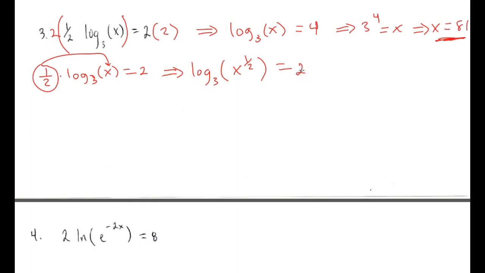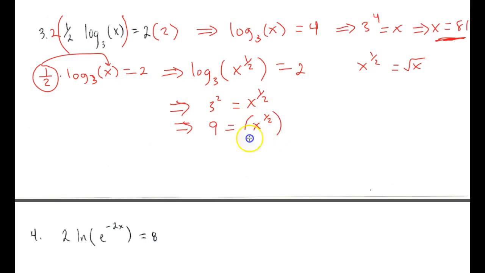And then from there, we could say, okay, 3 raised to the 2 is equal to x to the 1/2. And from here, we understand that x raised to the 1/2 is the same thing as square root of x. So you could convert it to square root of x, or you could leave it in its fractional exponent form. But at any rate, from here, we know that 3 squared is 9.